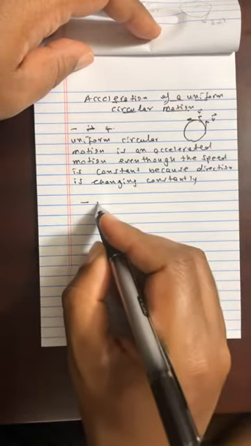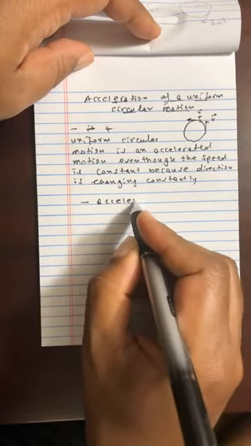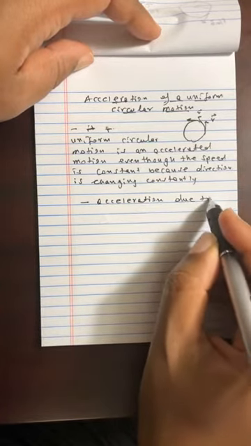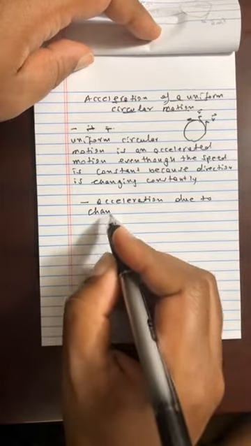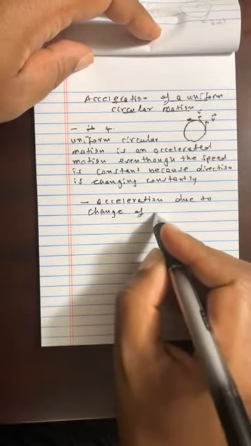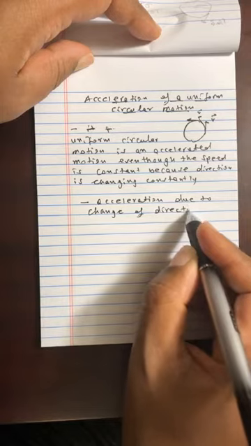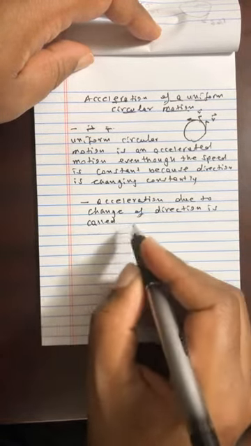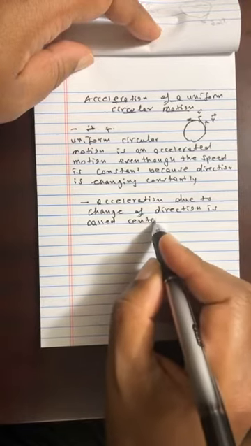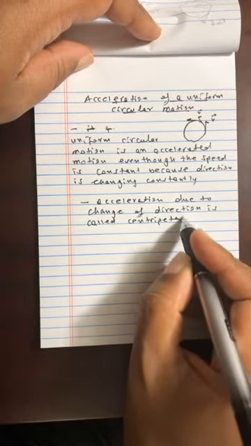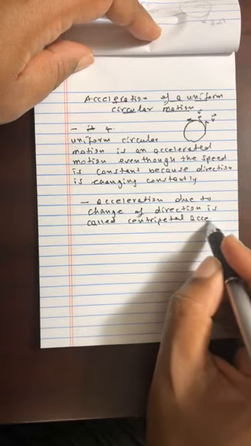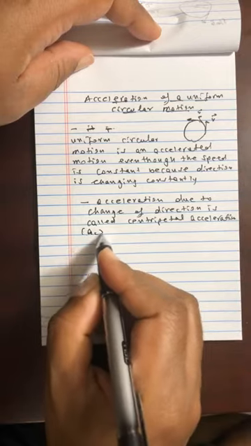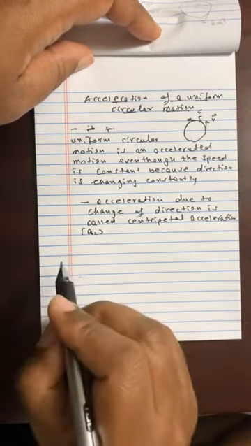Acceleration due to change of direction is called centripetal, which means center seeking acceleration, and we're going to represent it as a_c.